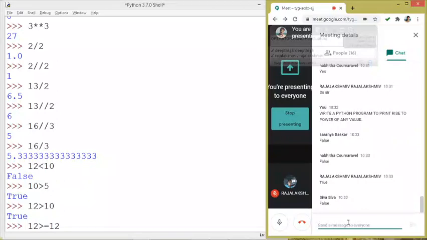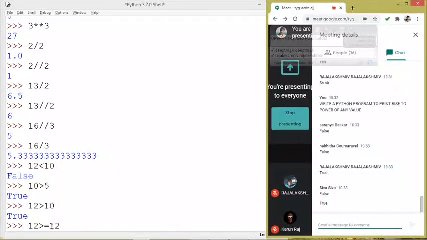What answer will come if we write 12 greater than or equal to 12? We are learning operators in Python programming. What answer will come if I put the condition 12 greater than or equal to 12? So Siva has given the answer as false, then he is giving true.